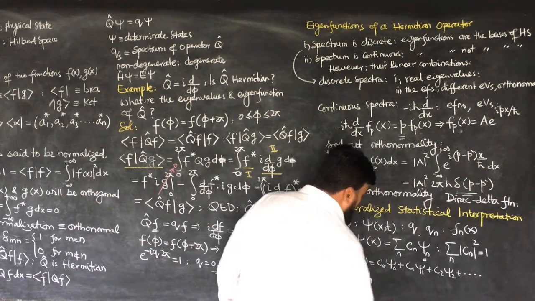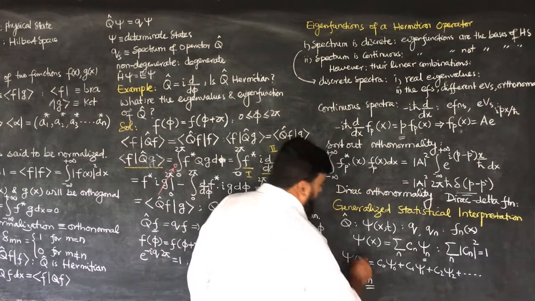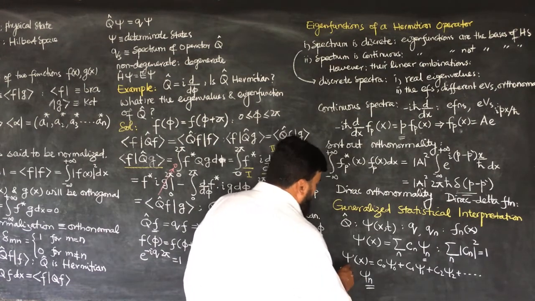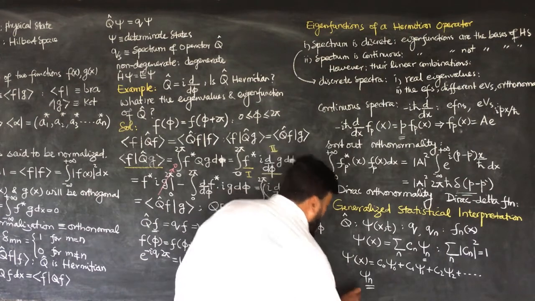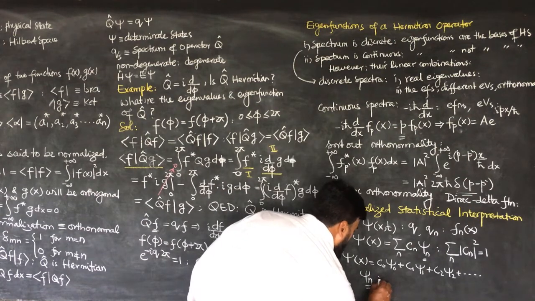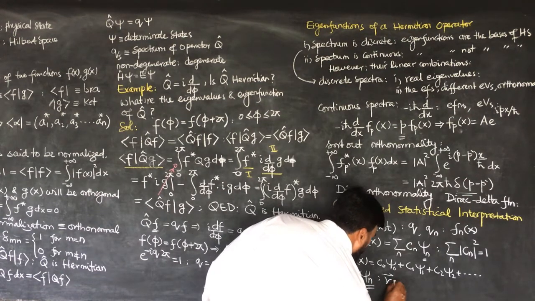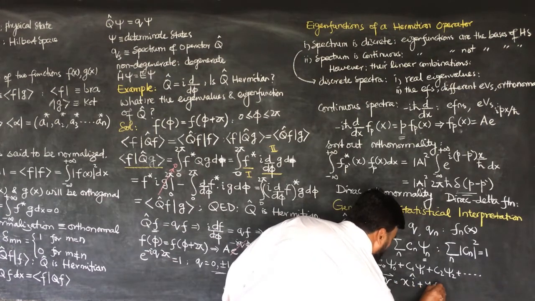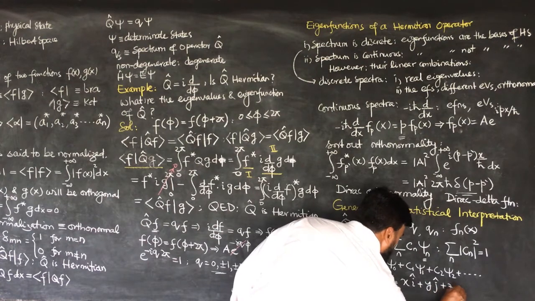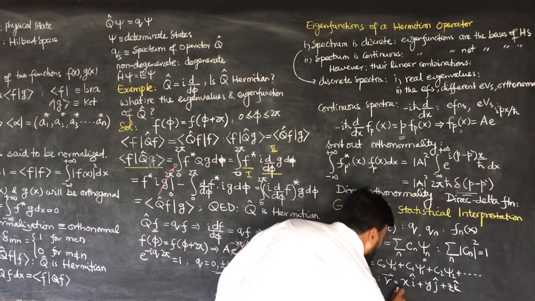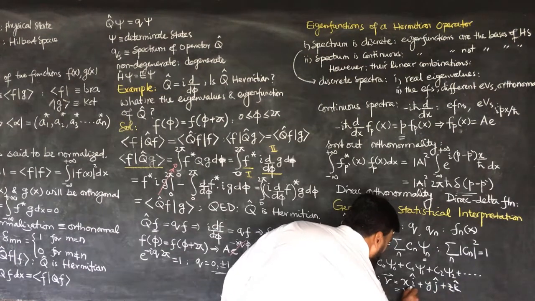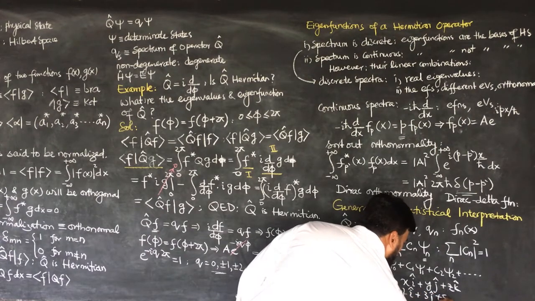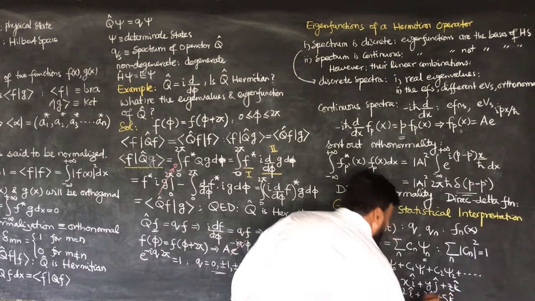These psi n's, which are psi 0, psi 1, psi 2, are the orthonormal bases of the Hilbert space, just like we resolve a vector R. For example, we resolve a vector R into x i plus y j plus z k, or rewrite this as 2i plus 3j plus 5k.